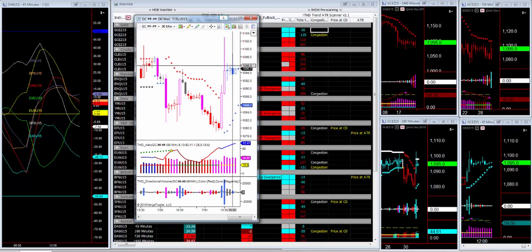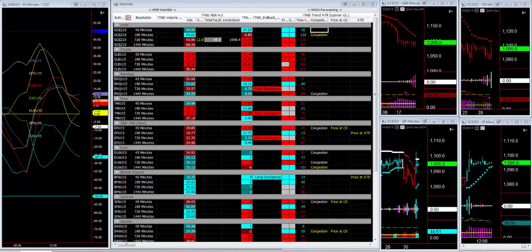So I am expecting a magenta peak and probably a retrace to around 1188, possibly only to 1192. If it finds support in those areas, then it will go up and finish the retracement back to the ATR on the 1440. So that's what I'm looking at on gold.